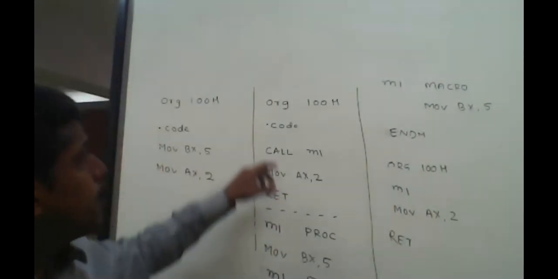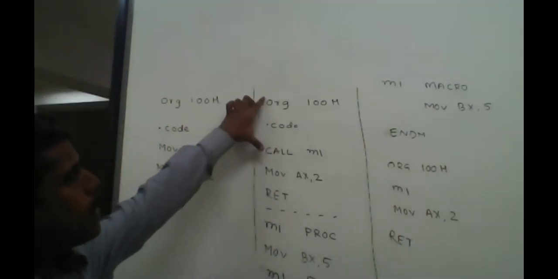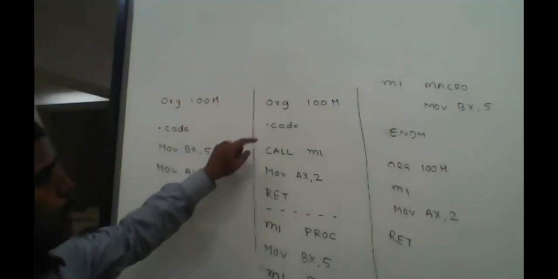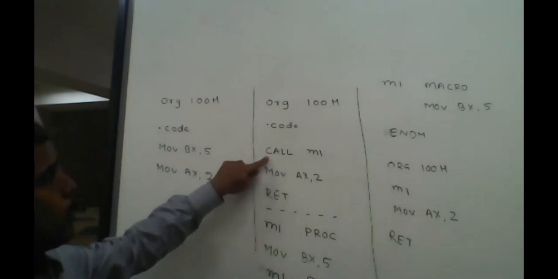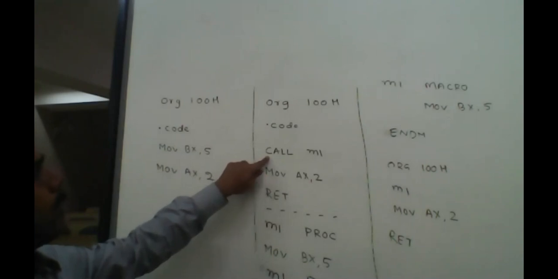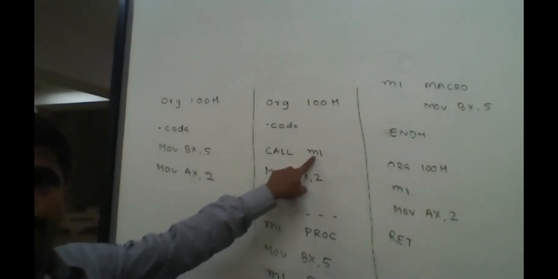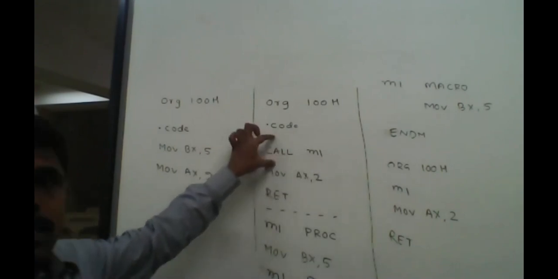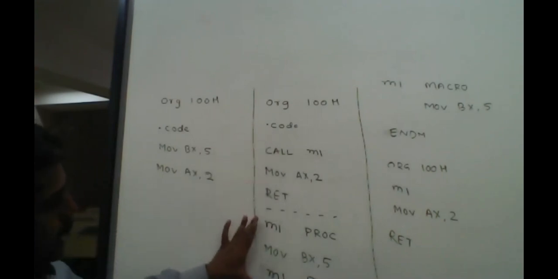So in a procedure, what we do is we again start the code. Then if you want to move 5 into bx, you call a procedure with the name m1. Okay. So what is written in the procedure is here.